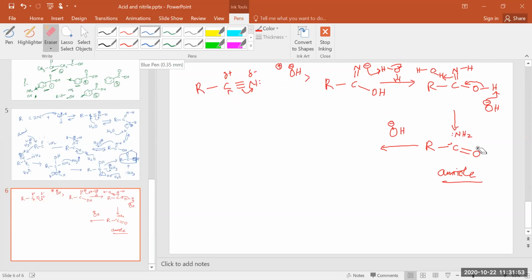So this OH minus, as soon as it reacts, this will come here. So like that, before a structure, it will have the tetrahedral intermediate.